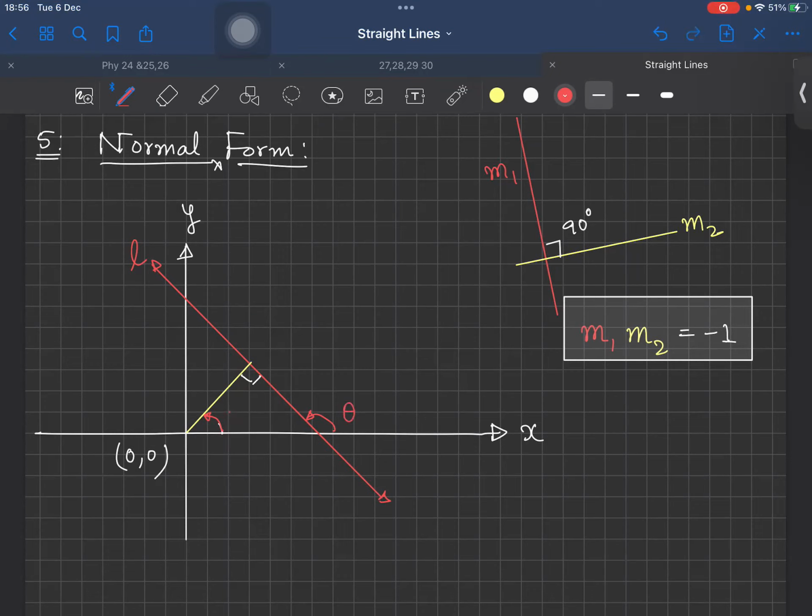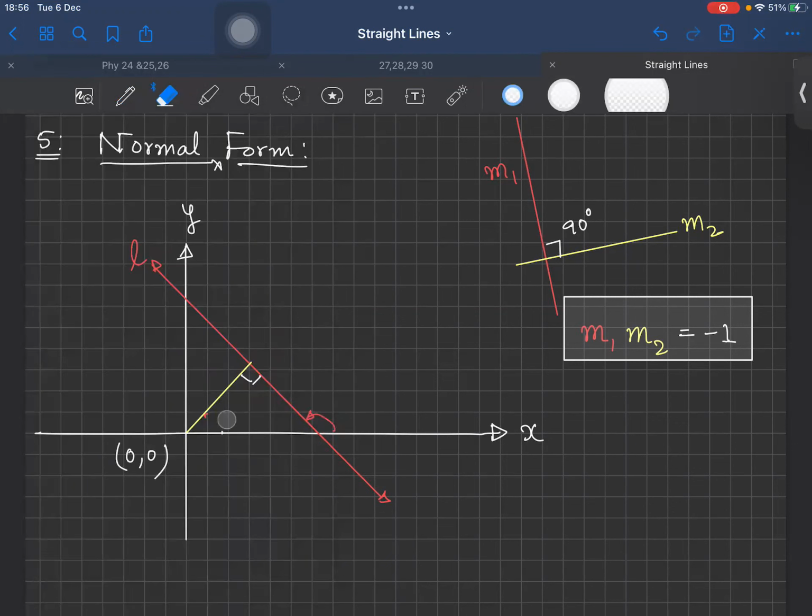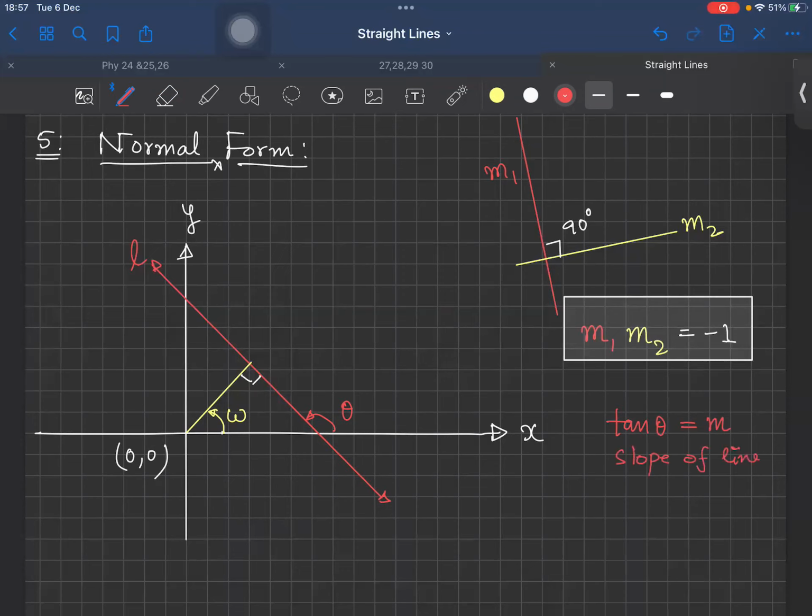This angle is omega and this angle is theta. So tan theta will give the slope of this line: tan theta is equal to m, the slope of the line. But in your problem, the theta value is not given, but you are given omega.